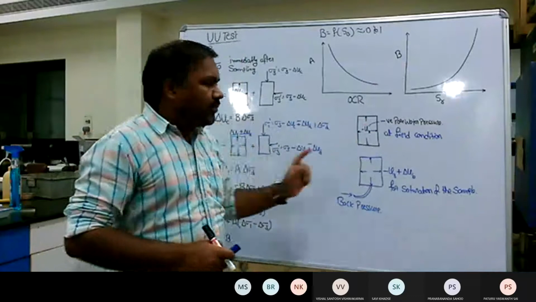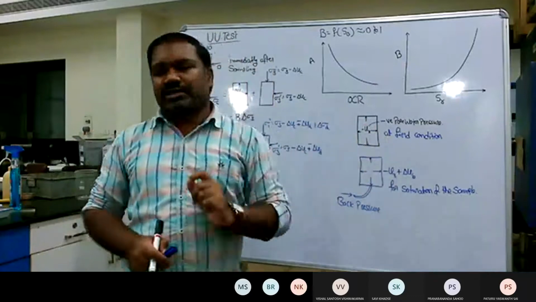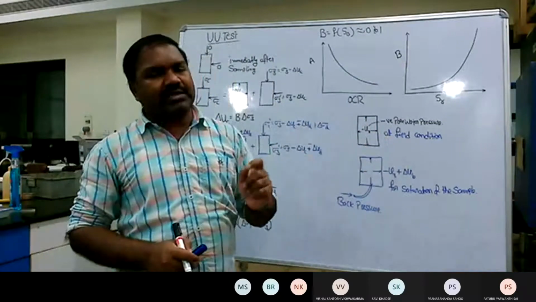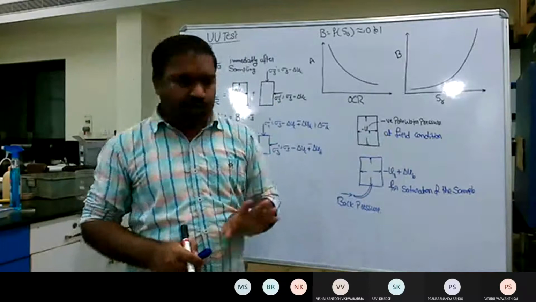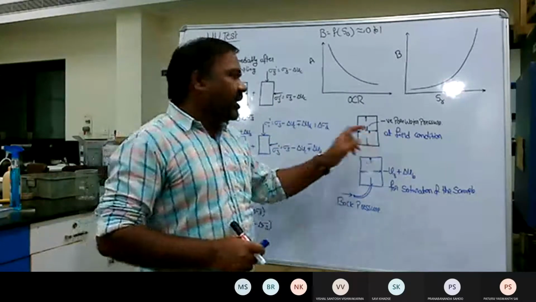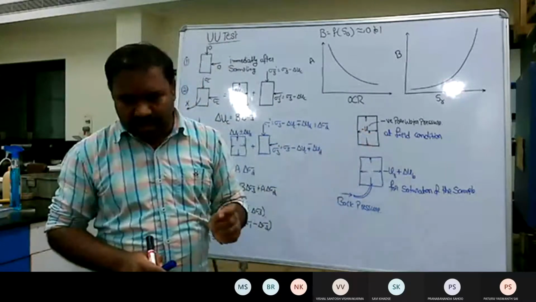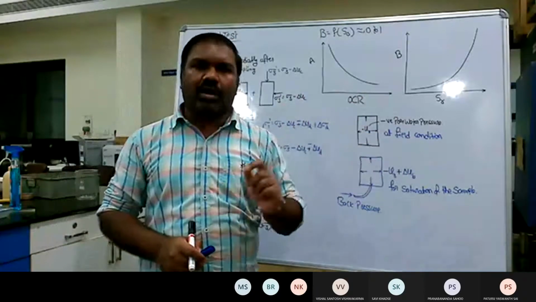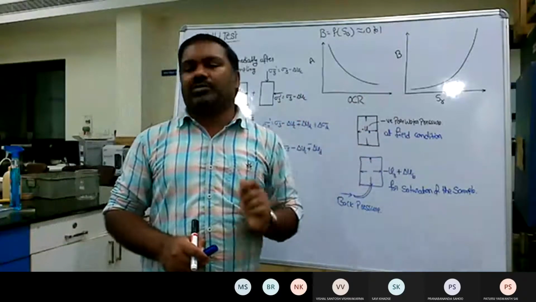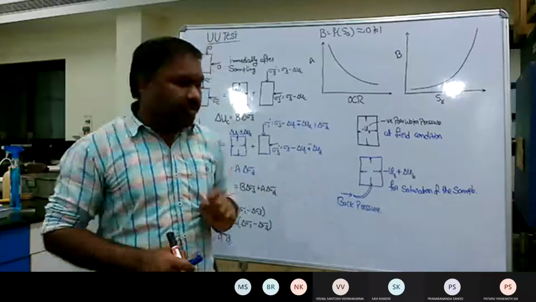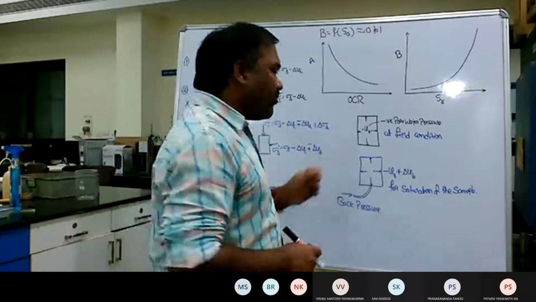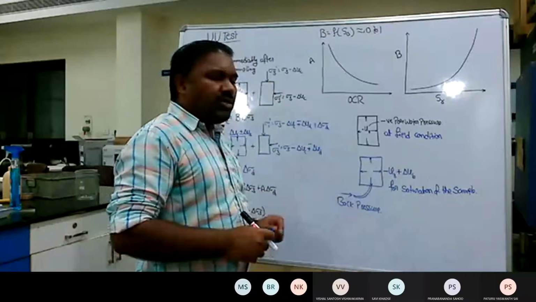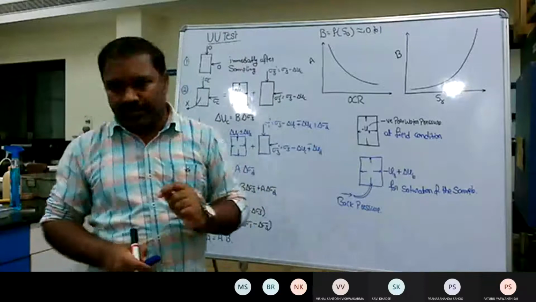But when you conduct the triaxial testing, the condition is that the sample must be fully saturated. So from the initial negative pore water pressure condition, how do you take it to the fully saturated soil sample, or how do you attain the full saturation of the soil sample? This is a big question. For that, there is something called the application of back pressure.